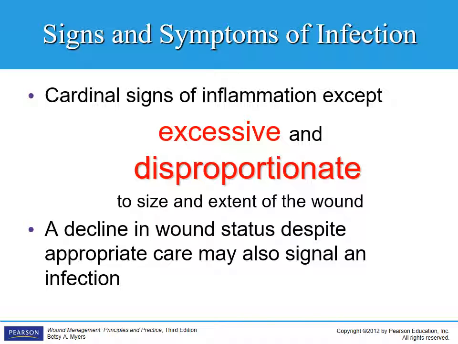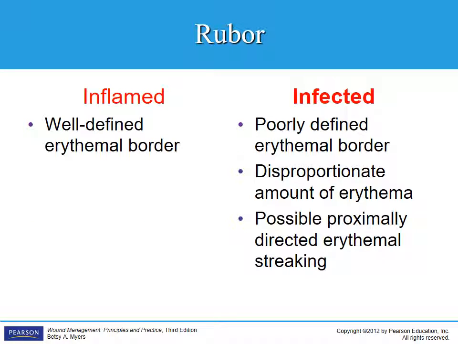So one of the first signs that we're going to talk about is rubor, or redness. If it's an inflammation, it's a well-defined erythemal border. A lot of times when a patient comes in and you first see them, you'll actually outline.